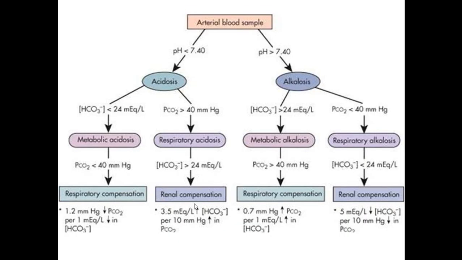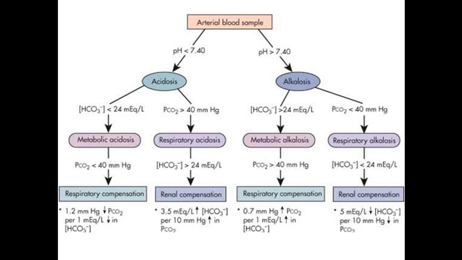Now, one very important thing: whenever buffers are present, they try to resist the change in pH. So if the pH is normal, it doesn't mean acidosis or alkalosis is not happening. It is in process until your buffers are exhausted. When the buffers are exhausted, then the pH is going to be disturbed.